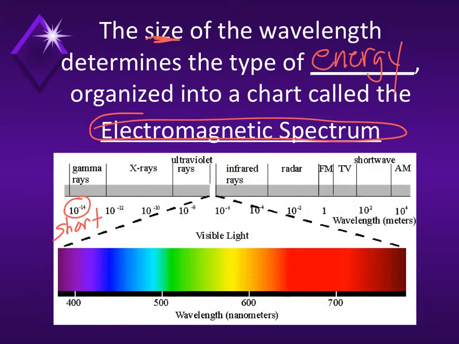And over here, we have some radio waves that are very long, 10 to the 4th power. These are really long waves. And in the middle, we have the visible light that we can see. We can't see anything else. We can't see FM radio, we can't see TV waves or X-rays. We can only see this small part in here that's called the visible light spectrum.